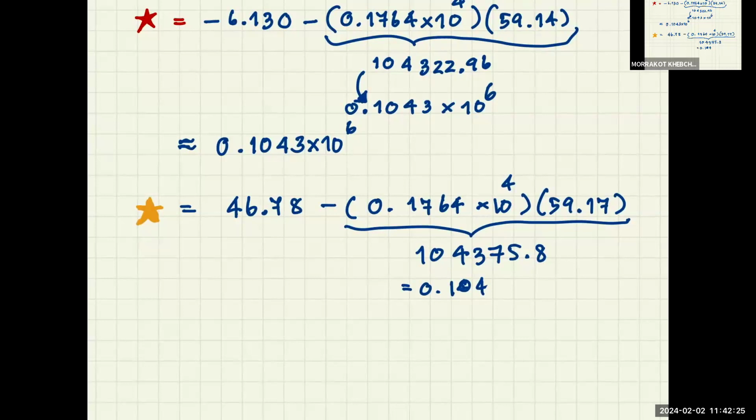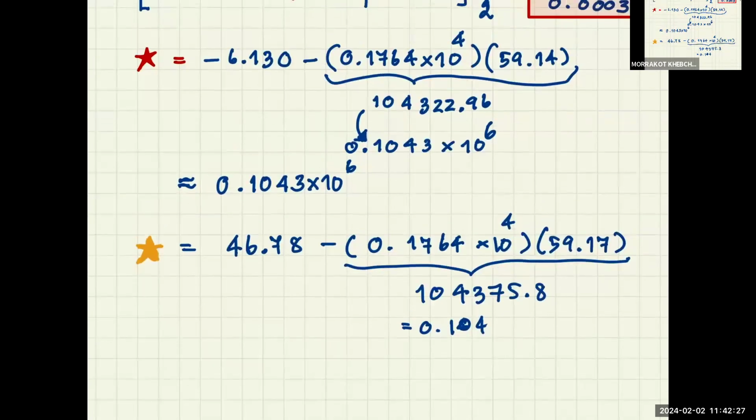I forgot I multiplied by 10 to the 4 and put only 3 zeros at the end. So this is gonna be 0.1043, because here after 3 is 2. Okay, so it's 1043.